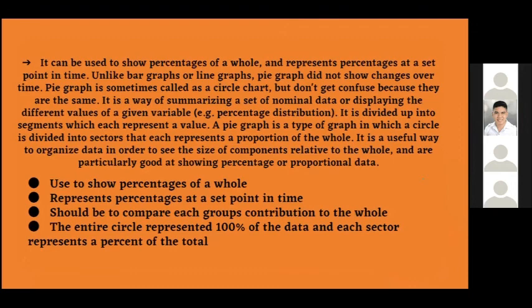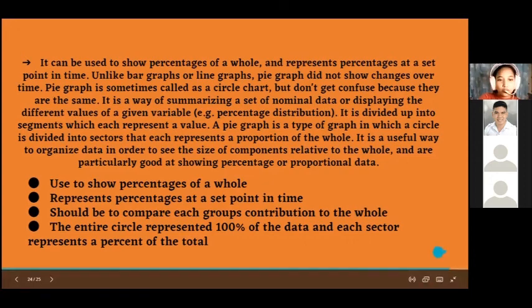So pie graph can be used to show percentage of a whole and represents percentage at a set point in time. Unlike bar graphs or line graphs, pie graph does not show changes over time.